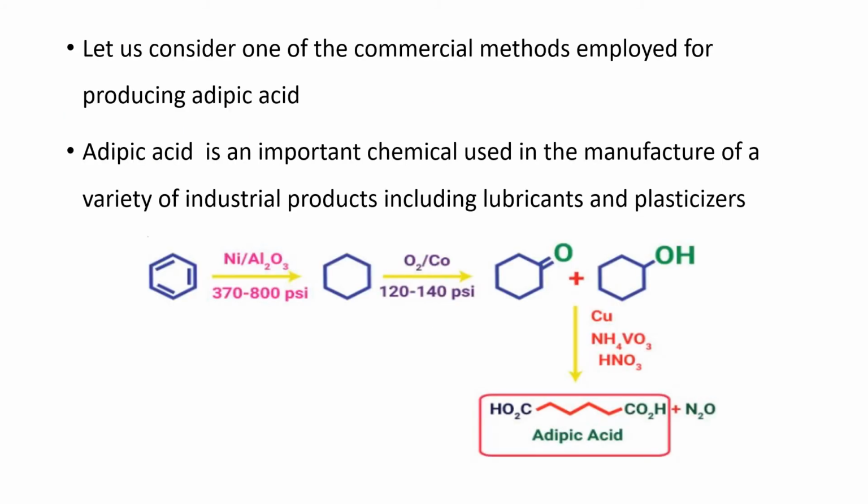Now, let us consider one of the commercial methods employed for producing adipic acid. Adipic acid is an important chemical used in the manufacture of a variety of industrial products, including lubricants and plasticizers. Here, the starting material is benzene, which is converted into cyclohexane, then undergoes oxidation to give cyclohexanone and cyclohexanol, which is then converted into adipic acid.